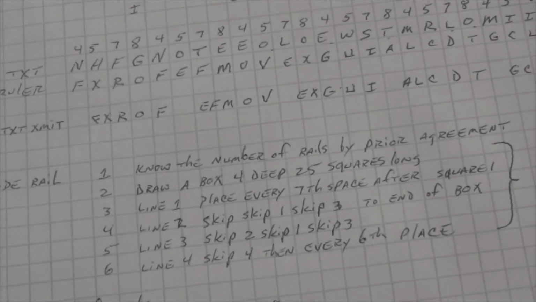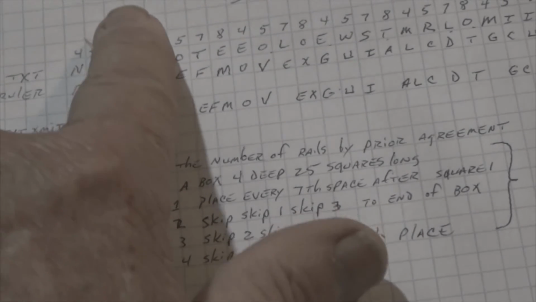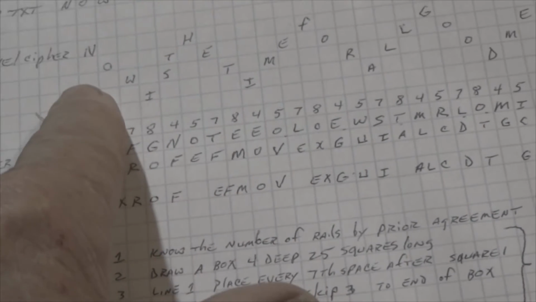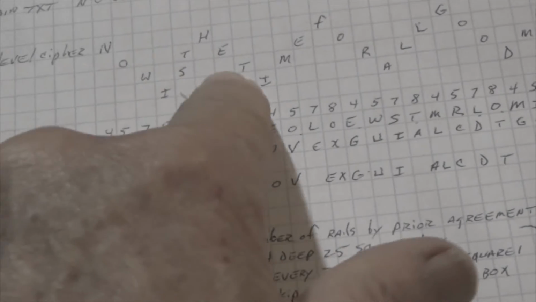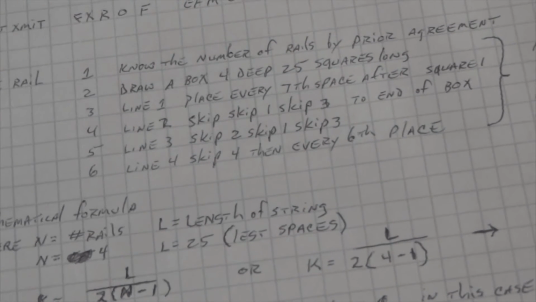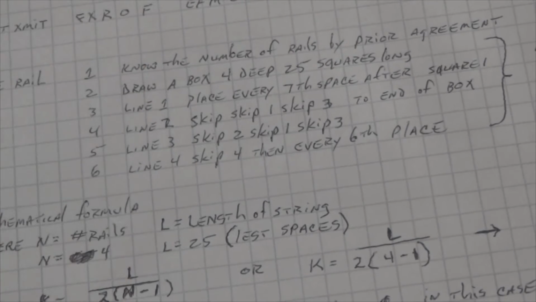In line 3, you skip 2, skip 1, skip 3, and you'll end up with this third line, which is out of camera. Skip 2, 1, skip, there we go. And then the fourth line, it skipped 4 every 6th place to get that character in spot.